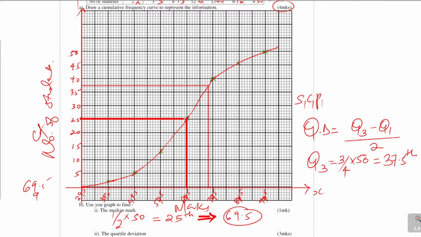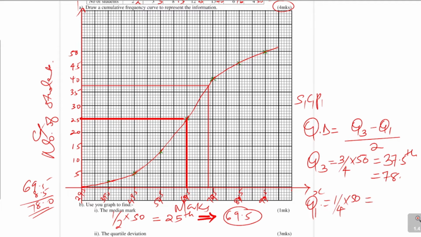So it will be around 8.5. This will give 78. Those who get 77.5, a slight allowance is allowed. So mine is 78.